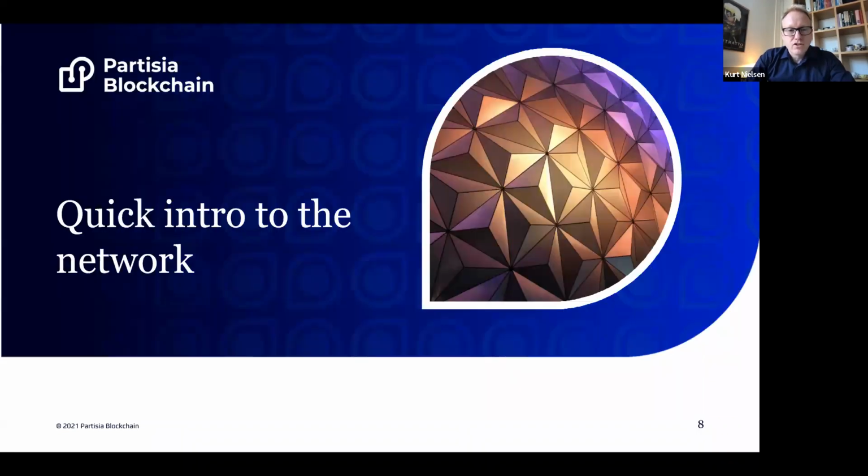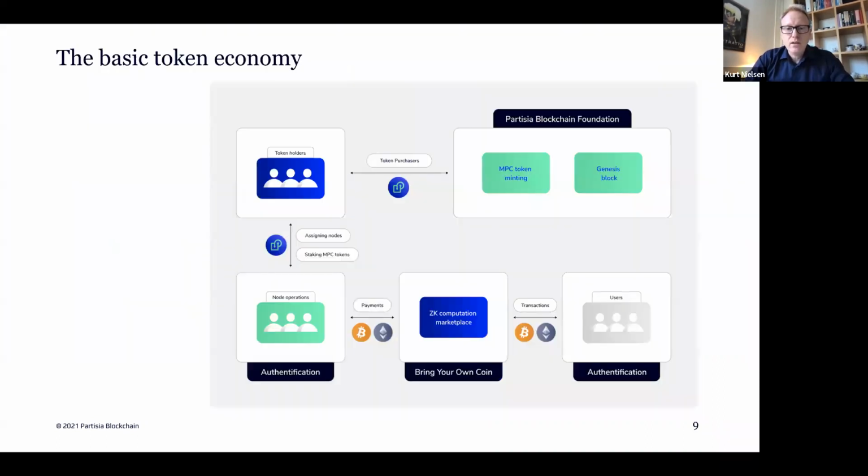So now the next slide is a quick introduction to the network, to the Partisia blockchain as a network. So this is first an overall view of the token economy. We are creating this MPC token that you can buy, and you can use that to stake a node, and then you can operate a part of the network.